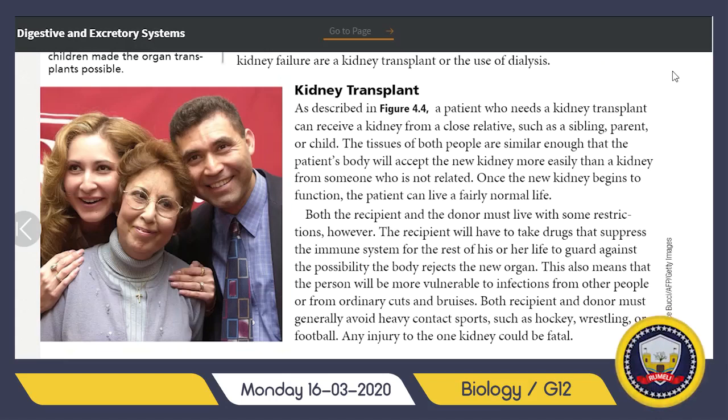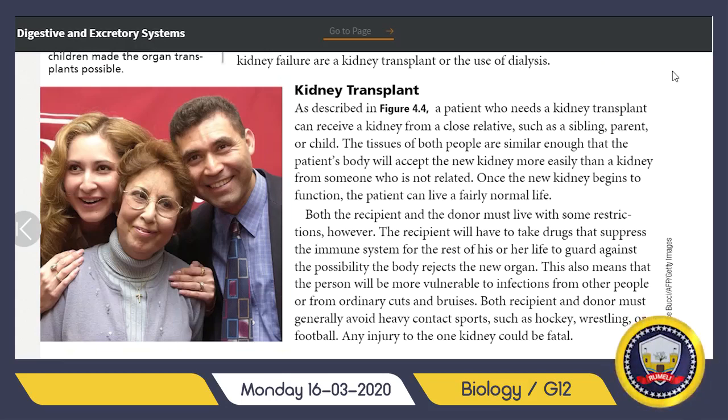Because the tissue of both people, the donor and the acceptor, is similar enough for the patient's body, for the receiver, not to generate a high rejection or high reaction, because if the tissue is different in a large percentage, then most probably the immune system will attack that organ and damage the organ and get rid of that new stranger in town. Okay?